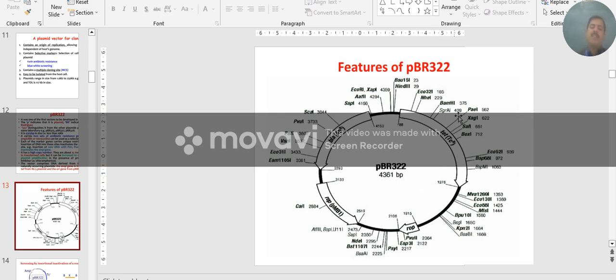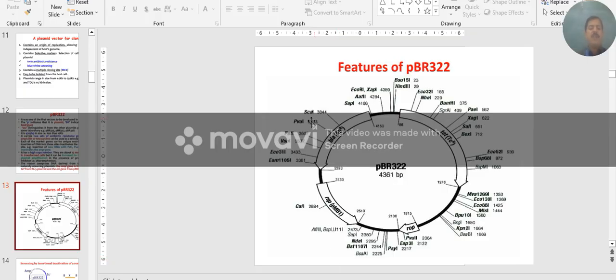Let us look at the general features of pBR322. Have a look at the schematic representation of a typical pBR322, a 4361 base pair plasmid molecule. As you can see, this is the ampicillin resistance gene region, this is the tetracycline resistance gene region, and here is the origin of replication.